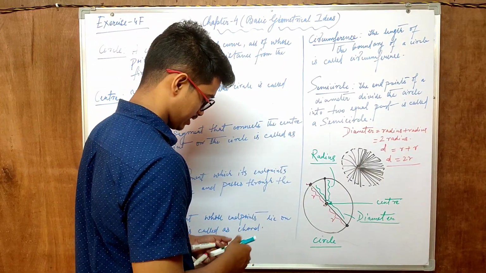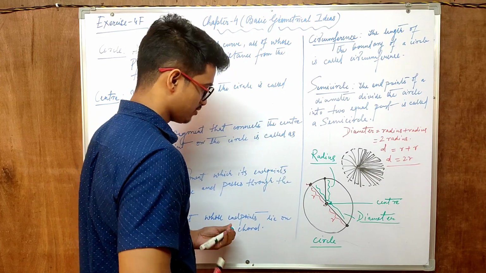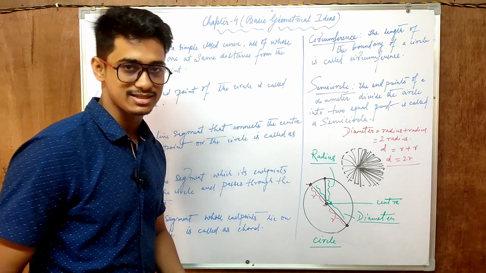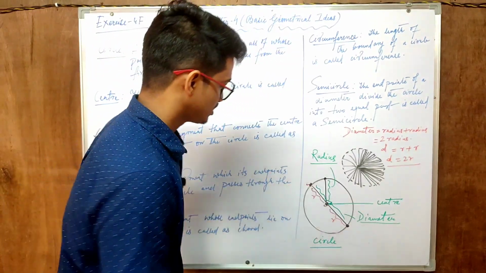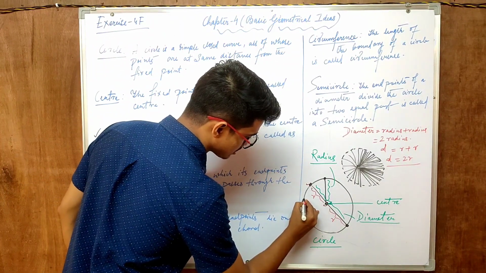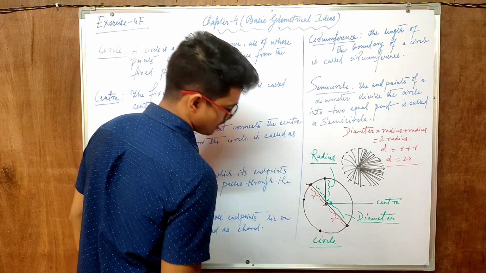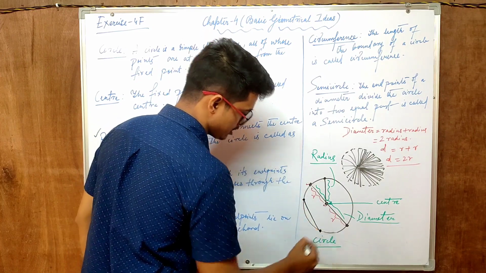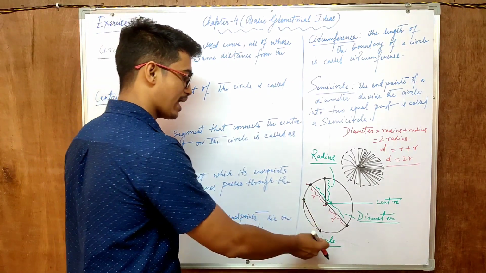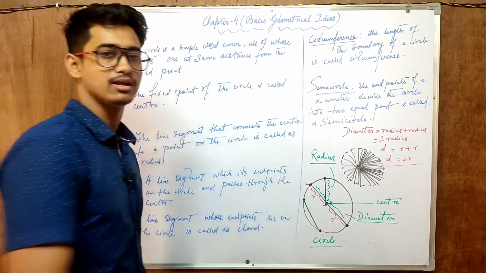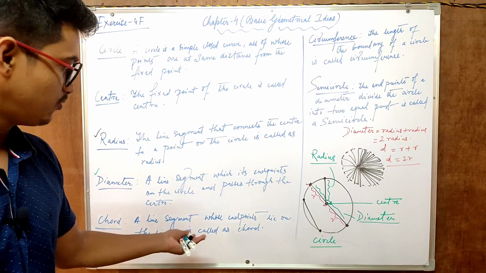There is no other condition that it should pass through the center. There is no such condition. If it does, no problem. So if I join these 2 points, this is a chord. Why? Because the 2 endpoints are on the circle. That is the definition that we want.